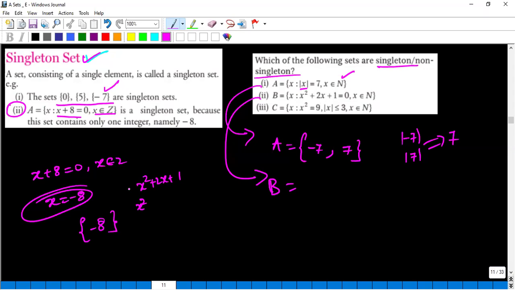One example like x square plus 2x plus 1, x belongs to N. If I solve, what will I get? Let me solve this by using the roots formula. Minus 2 plus or minus under square root b square minus 4ac, 4 minus 4 into 4, divided by 2. Minus 2 plus or minus 4 minus 4, 0, divided by 2, which is nothing but minus 1.